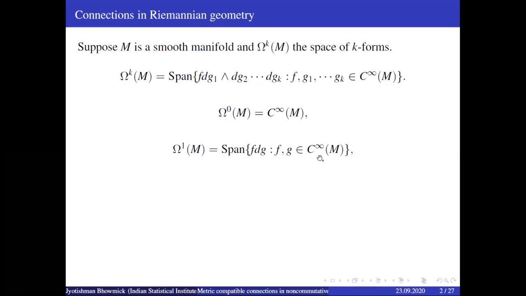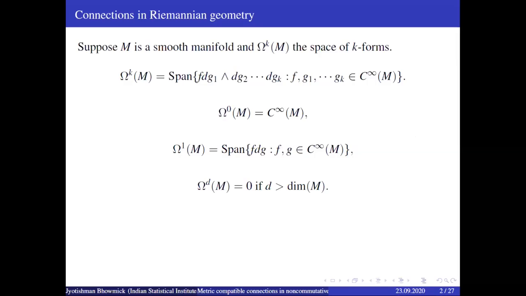So let's remind ourselves how they look, at least in the classical situation. And if the dimension of the manifold is, let's say, d minus 1, then Omega^d(M) is 0.